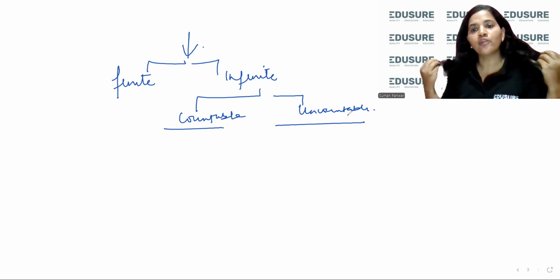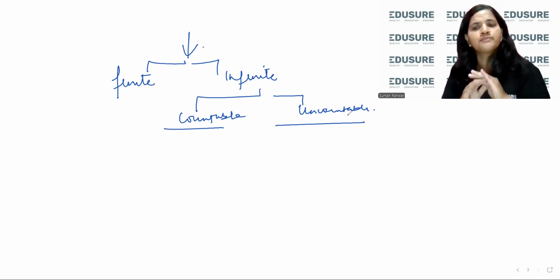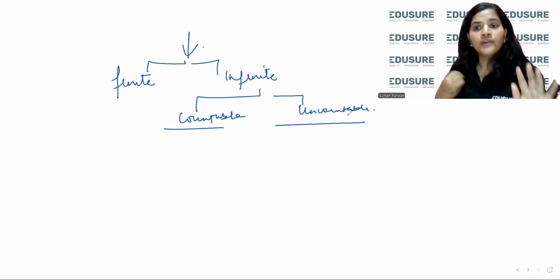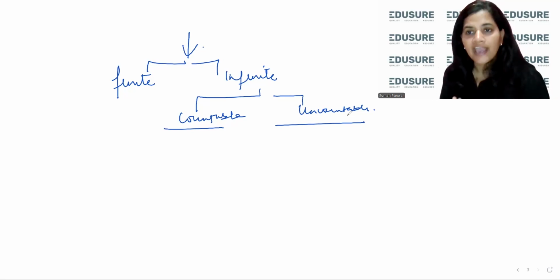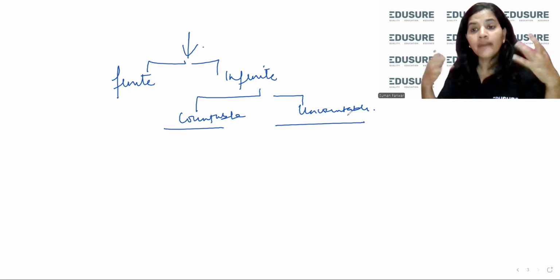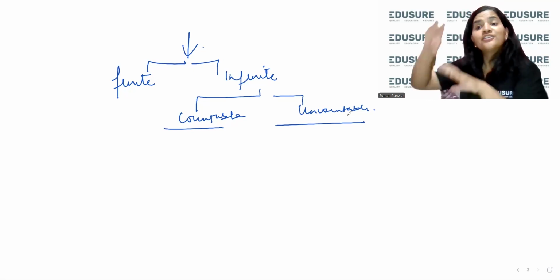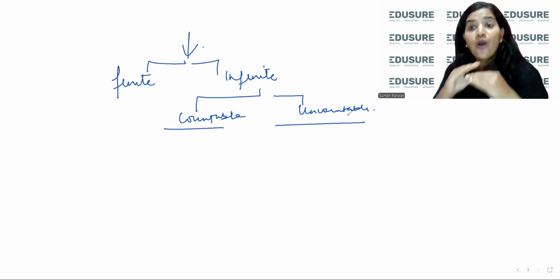For example, the hair on my head. Now, it is a very unnecessary or irrelevant task, but suppose I want to spend one month counting the number of hairs on my head, I can do it. Why? Because I can enumerate my hair strands. So the set of hair on my head is a countable set. The set of stars in the sky is a countable set.